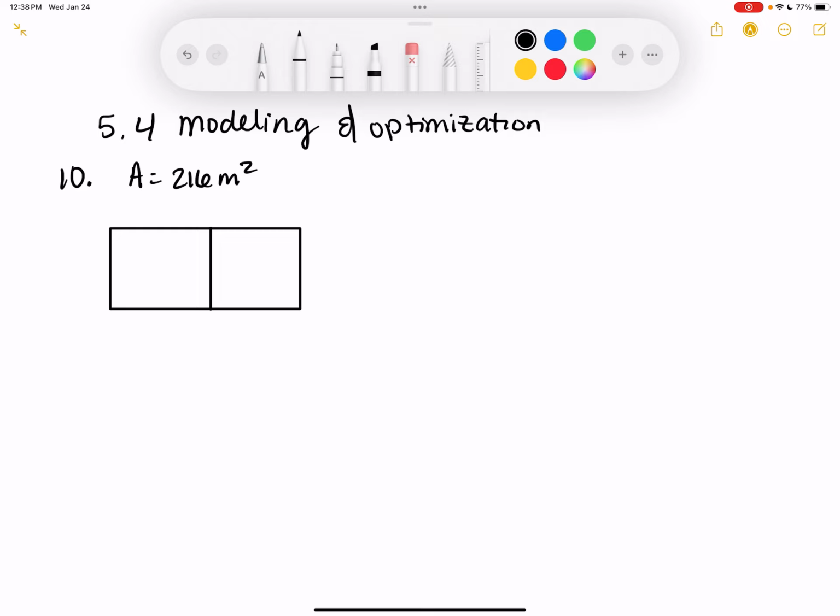So we know that area is equal to length times width, and that's equal to 216. I'm just going to do width going this way and length going this way, but it doesn't really matter anyways. So the perimeter, meaning the amount.